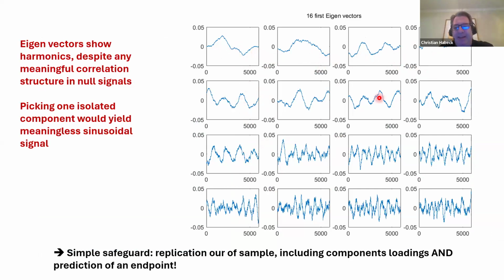You can find them in increasing temporal frequency, and they come out purely out of noise that was smooth, right? So if you were to focus on a particular one, you would really be very misled into possibly thinking that there's some interesting structure in the data, although this was totally due to noise.